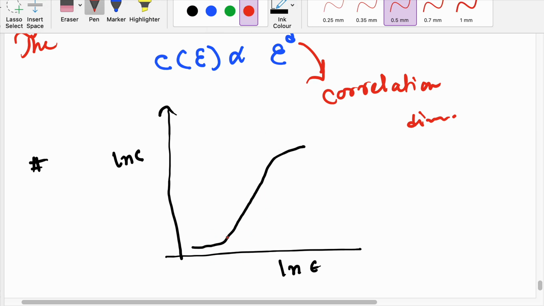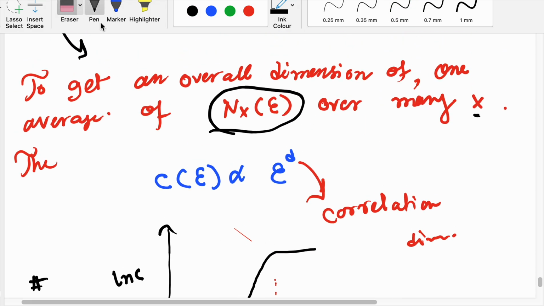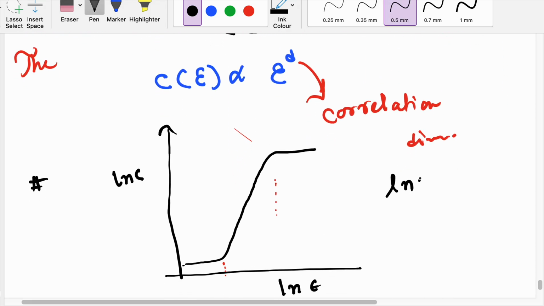Why this kind of structure? Because ln C will be some constant plus d ln epsilon, so it will be a straight line.